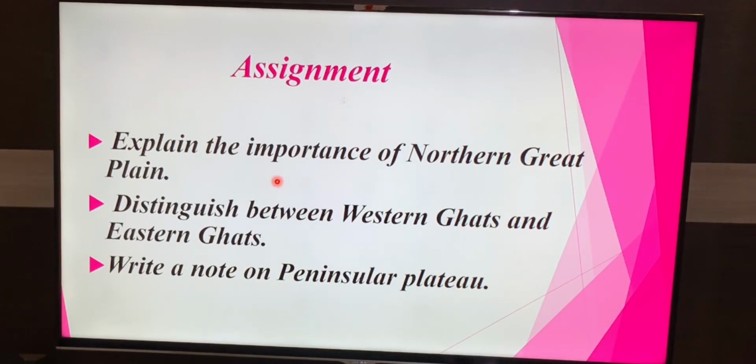It has level land which is useful for the network of roads, railways and means of communication. Industrialization, urbanization and trade are concentrated in the Northern Great Plain. So these are the importance of Northern Great Plain.